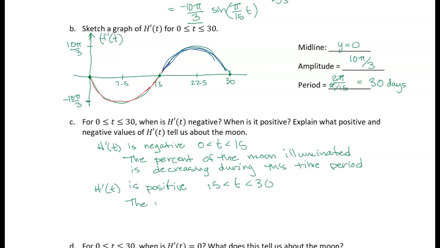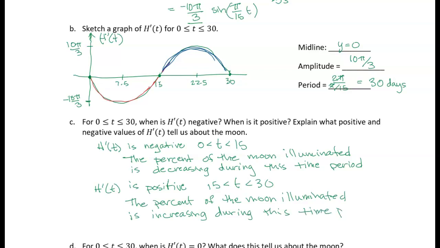Okay, so the percent of the moon illuminated is increasing during this time period. Okay, I'll just go ahead and write it all out. Increasing when it's positive, decreasing when it's negative.